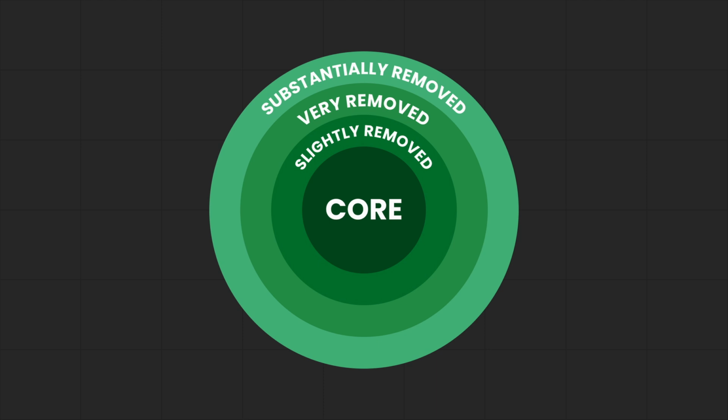And then there are systems that are substantially removed. Now, again, everything is important, right? But these systems that start to be substantially removed from your core processes, I would include things like HR and financial systems or marketing systems and so on. Now, this always depends on your industry, right? In a laboratory, I would consider the HR system to be substantially removed from the core service we provide.